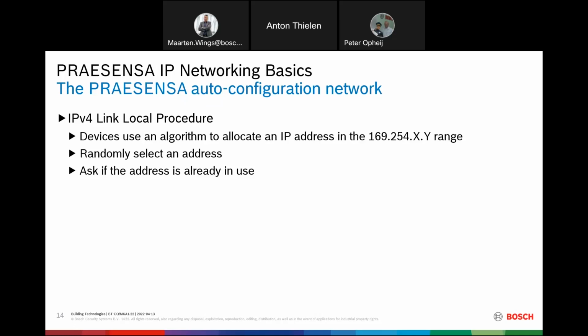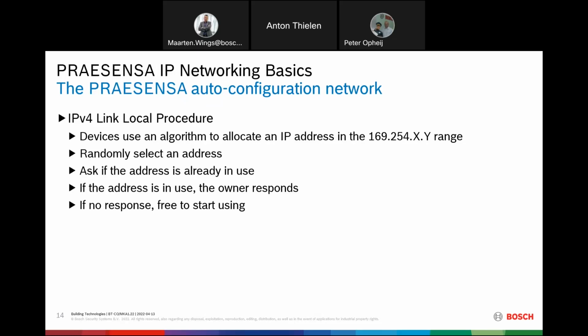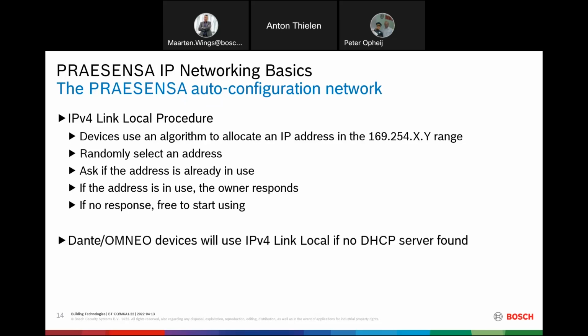Okay. If not, then now this is my name. So if someone else would already have it, yes, I am already there, then you would just make up another name. Yeah. So that's how this link local procedure also works. If the address is in use, the owner responds, and if no response, it is free to start using. That's the principle of it.